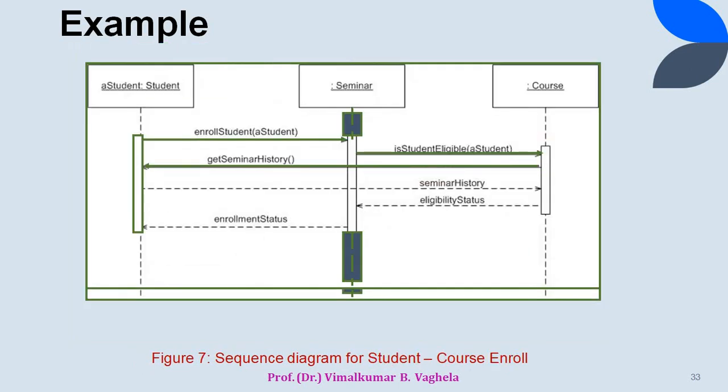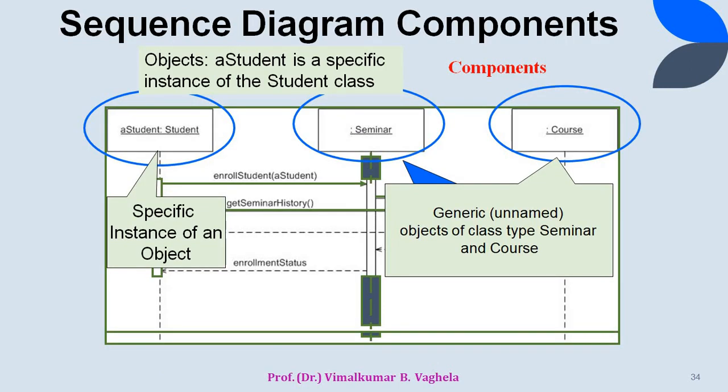Sequence diagram for student course enrollment. Here again I will revise which components or notations are used in a sequence diagram. The first component or notation we have seen is the object. An object is an instance of a class; in this example, a student is a specific instance of the student class.